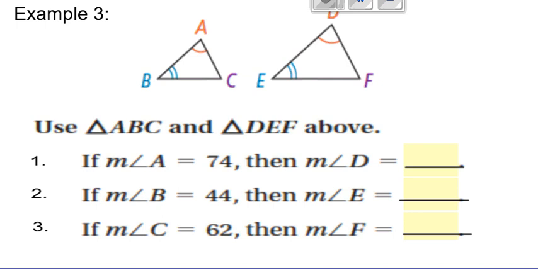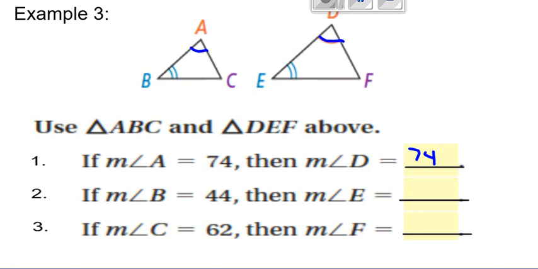Example 3 says triangle ABC and triangle DEF above. I'm using those triangles to find the measure of the missing angles. The measure of angle A is 74. Then the measure of angle D also has to be 74. I guess this should have said that these are, oh no, the angles were marked similar.